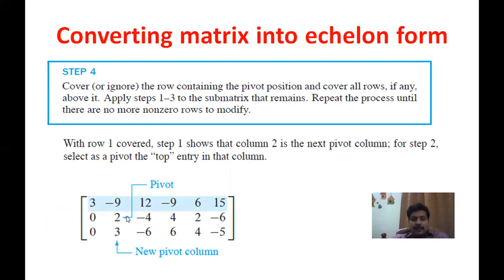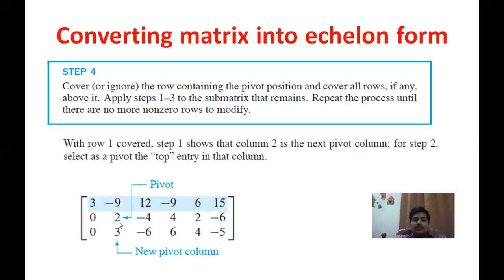In this submatrix, I have to find the pivot. That must be the first non-zero entry, that is here. So it is non-zero. If it is 0, I can exchange these two rows. If this is also 0, I will move on to here. Luckily, this is non-zero, so it is my pivot position.